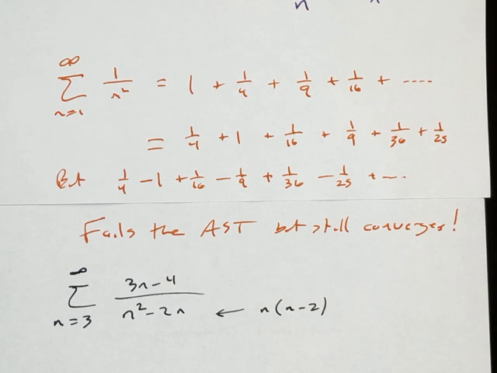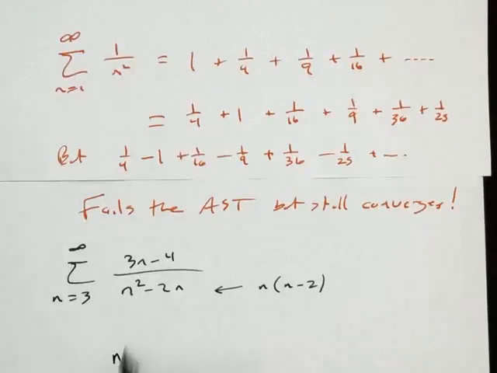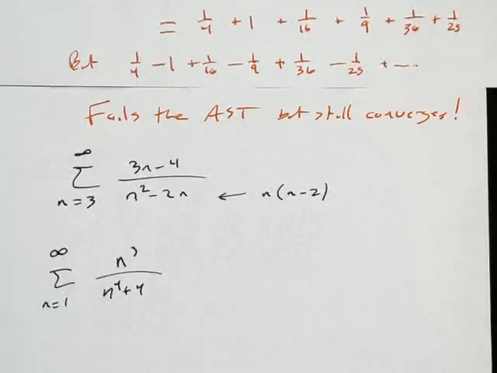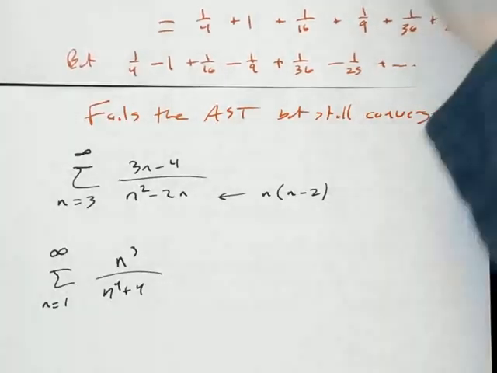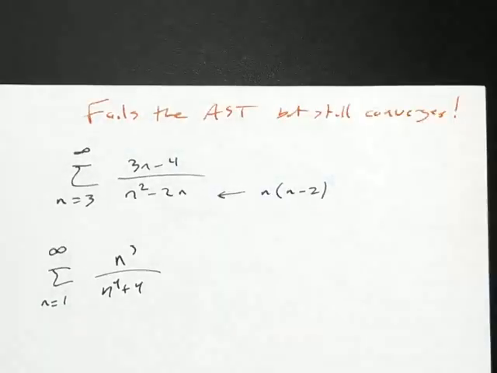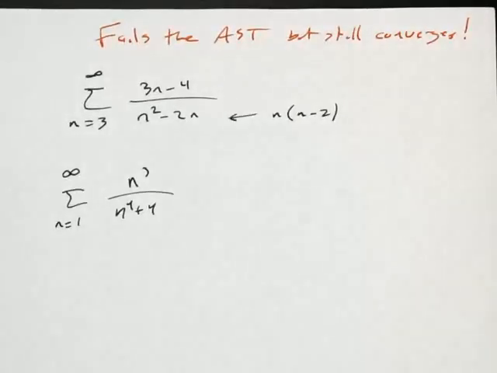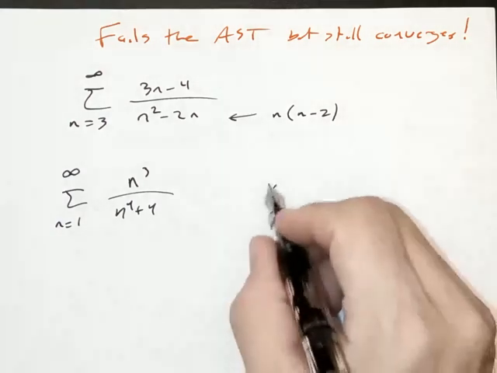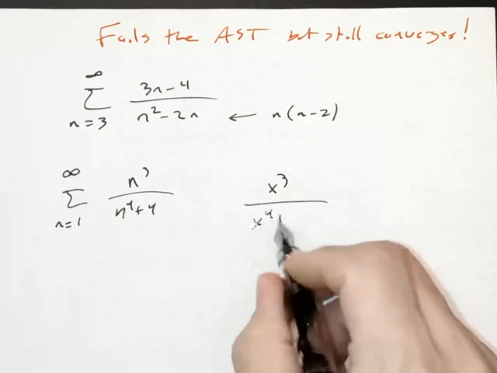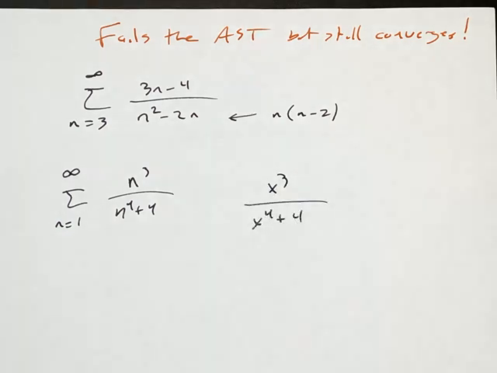Sure. 19 says the integral from 1 to infinity of n cubed over n to the 4th plus 4. So we're doing the integral test, right? So I just want to know whether or not I can find a function and figure out what's going on here. Replace all the n's by x's.